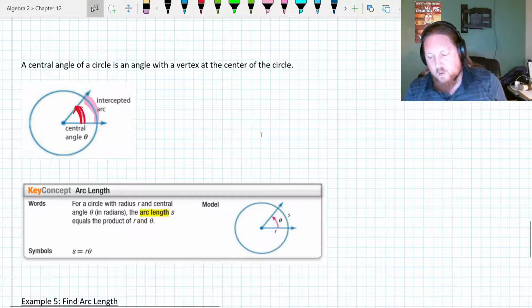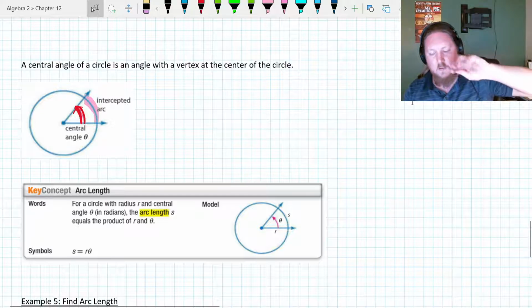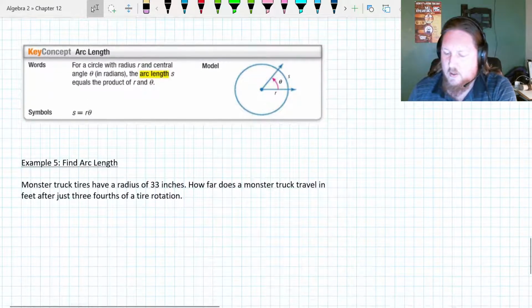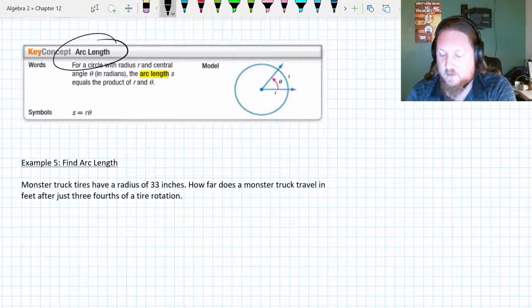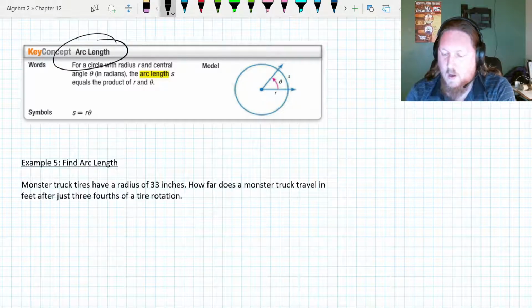Well, you can still use that idea of radians and the central angle to calculate how far something actually is. So we're going to be looking for something called arc length. And the idea is basically if you know the circumference of the circle, then you can figure out what portion of the circle is left over when you cut it out with that angle.